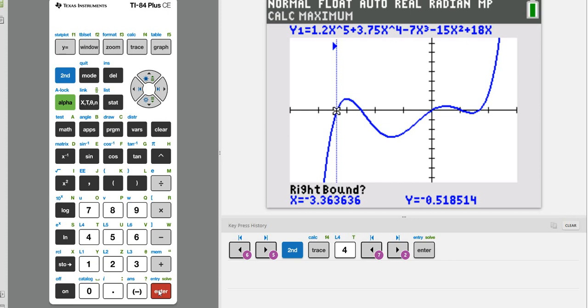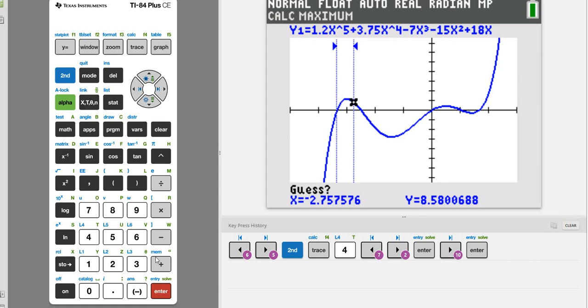It says, oh, okay, that's my left bound. Now tell me what the right bound is. Now you've got to move to the right of your maximum and press enter again. Now there used to be a time in which computers were a little bit weaker and processing power wasn't as great, that you needed to give it a good initial guess, but that time is long since gone.